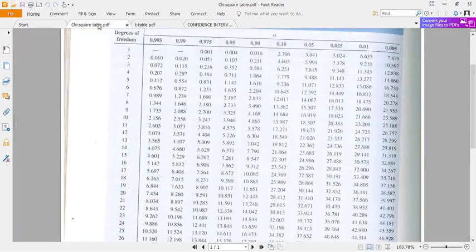So 0.025 is here and 19 degrees of freedom.